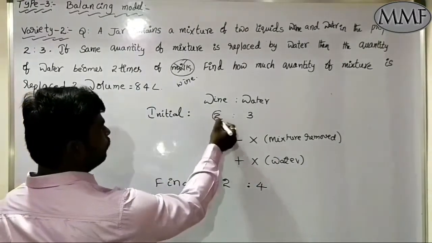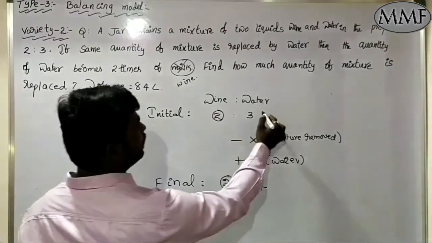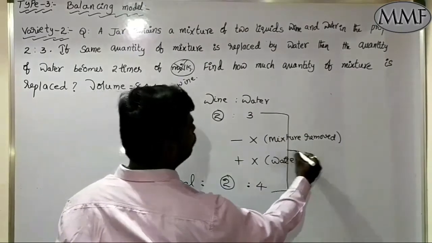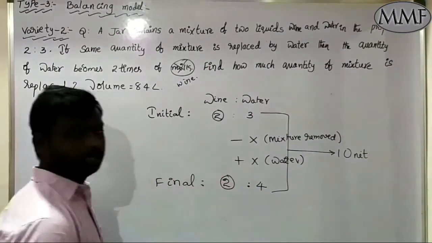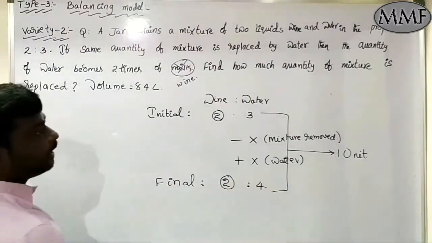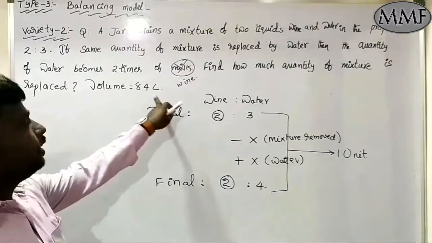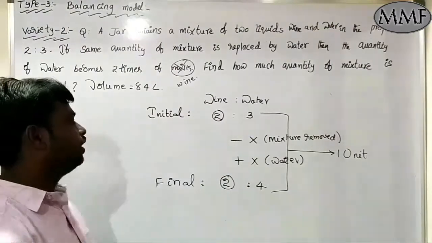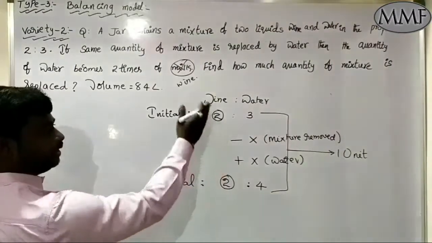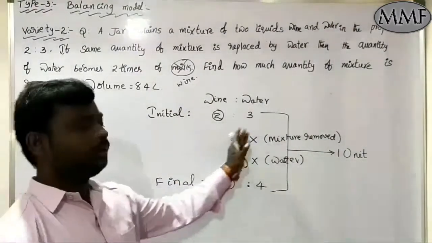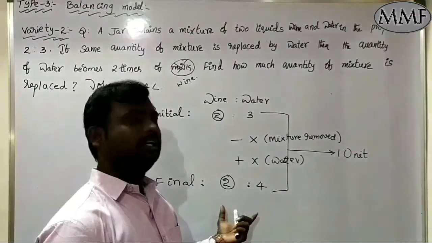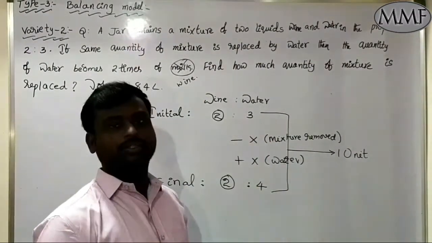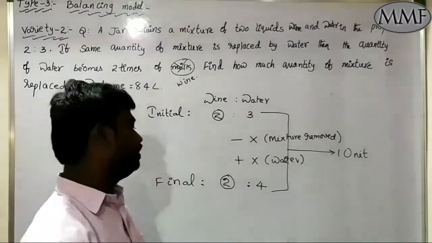Here, wine already is constant. What is the gap you are having? 1 unit. I need to find that 1 unit. Clear? Now, given the value of mixture is 84 liters. Whether it is initial or final, you are removing mixture and adding the same quantity of water, so there is no change in the volume of mixture.